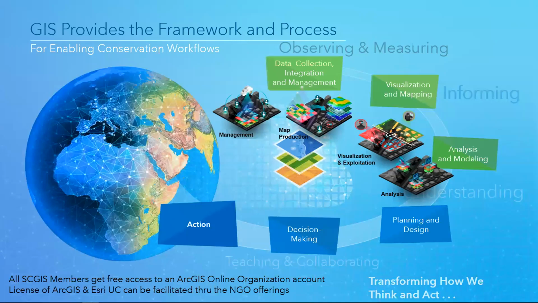Then we have ArcGIS Image Analyst, which is an extension to ArcGIS Pro that can run even on the basic version and provides all the different analysis capabilities, so all the deep learning capabilities and all the classification capabilities. It also includes tools to work with full motion video and display of, for example, stereo imagery.